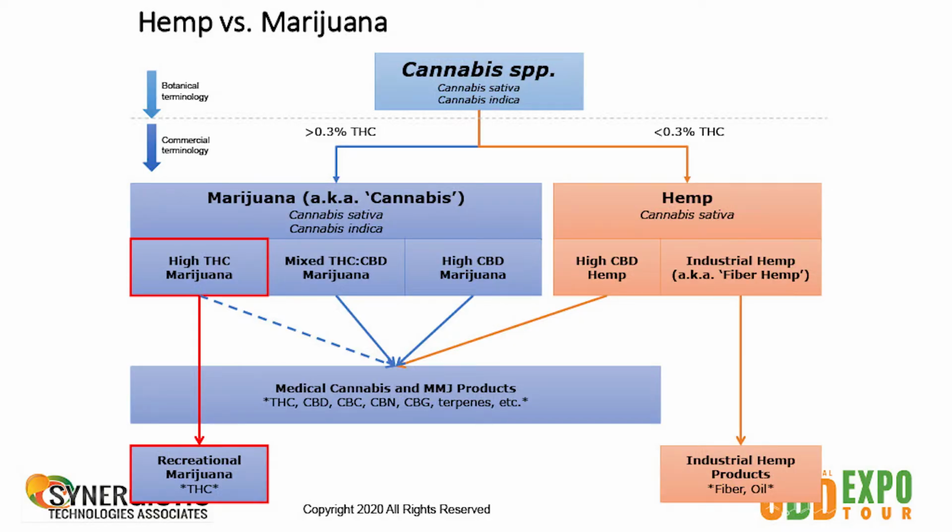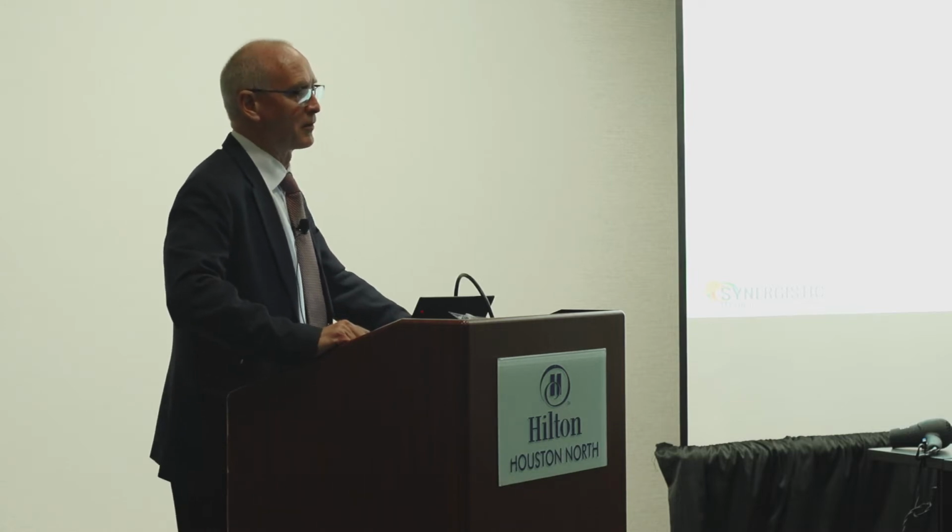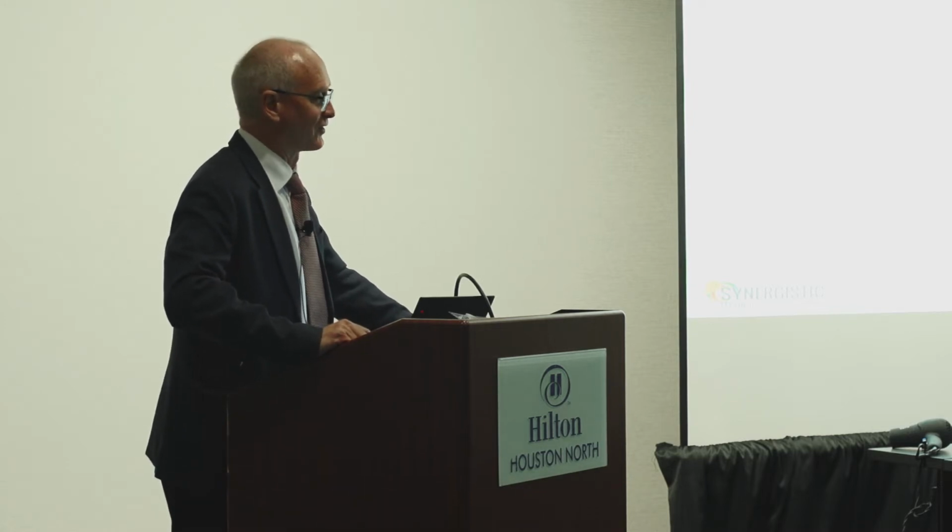So when I look at hemp versus marijuana, there's lots of terms that are being used. There's lots of things that happen through the process, who's naming what. They like to name things. Marijuana, if it's greater than 0.3% THC, and they make that separate from hemp. Both of those nomenclatures are the cannabis. It's a cannabis plant with a different expression of those components that are in it and the biosynthesis from the plant.